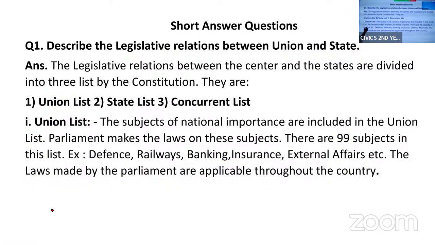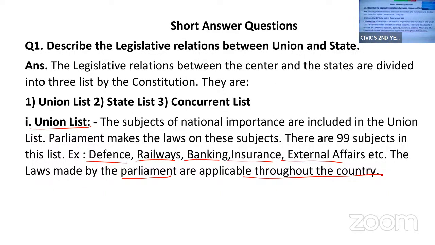So there are 99 subjects or items in the union list. They are of national importance, for example defense, railways, banking, insurance, external affairs. Union list is very simple. Union means something related to the central government.